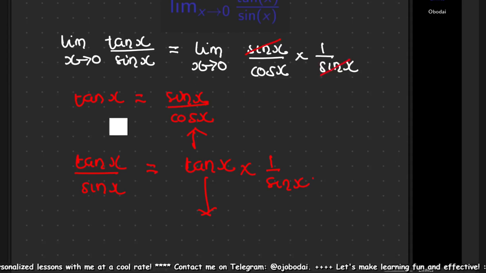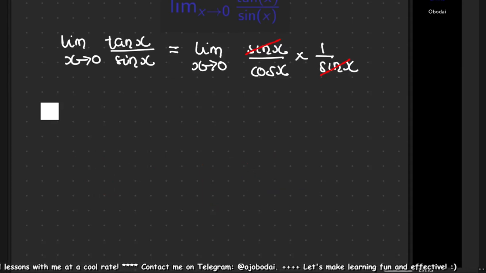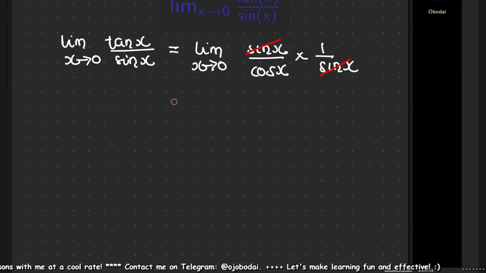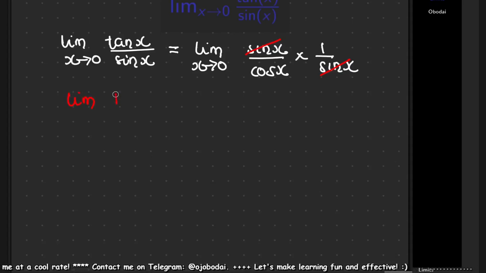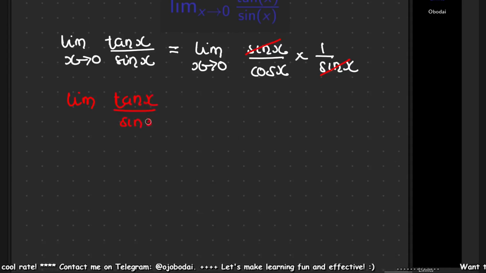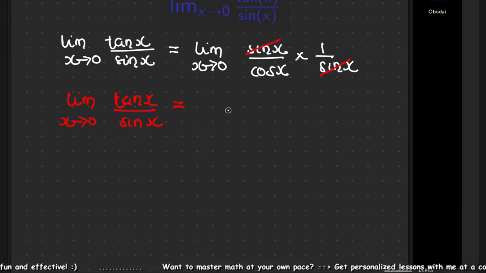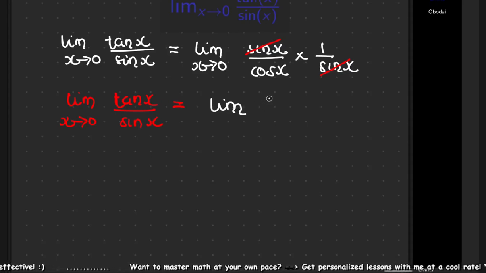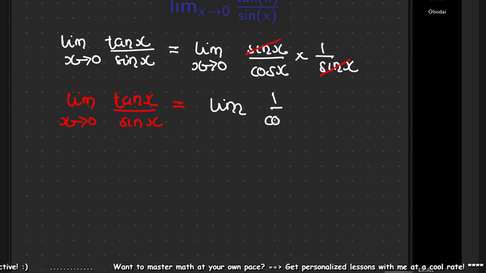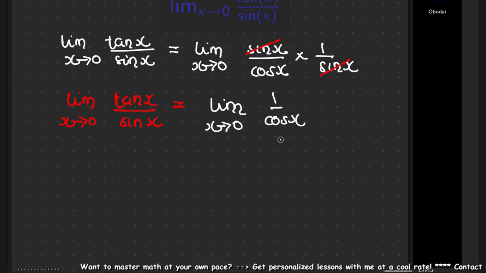And what that would mean is that the limit of the tangent of x over the sine of x as x approaches 0 has been reduced to what? The limit of 1 over cos x as x approaches 0.